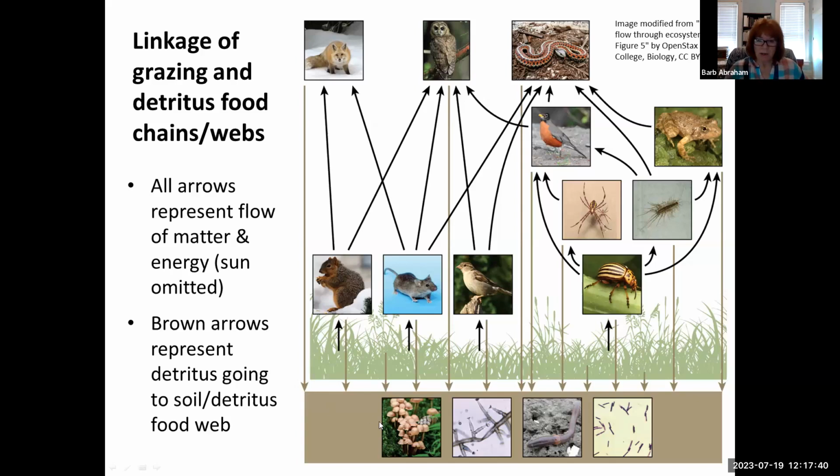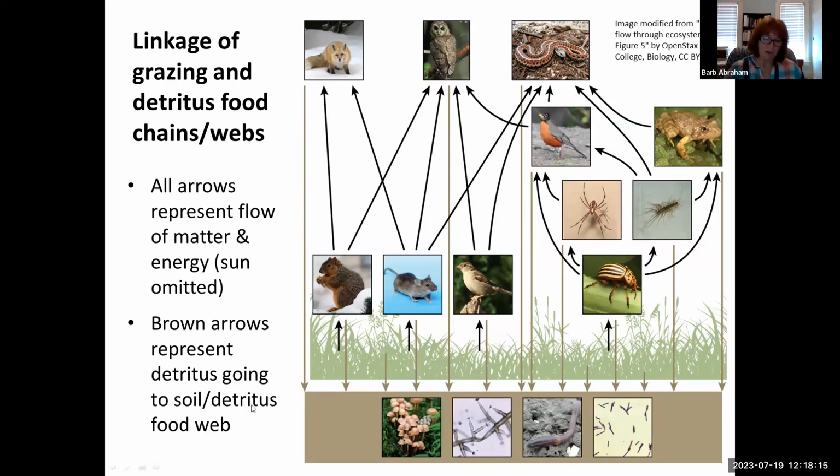Okay, so we're going to talk more about this detritus food web, but remember that detritus is dead organic material. So a shed snake skin could be detritus. Any dead plant parts could be detritus. Fecal material could be detritus, dead carcasses. Any living thing that dies, any dead organic material is detritus, without separating it into litter versus humus, depending on the degree of decomposition of that material.